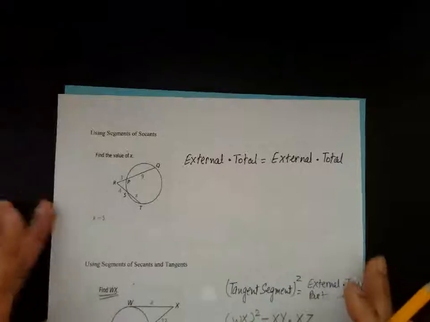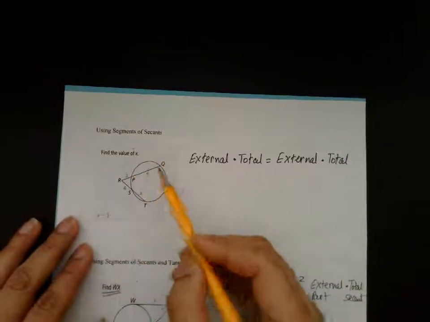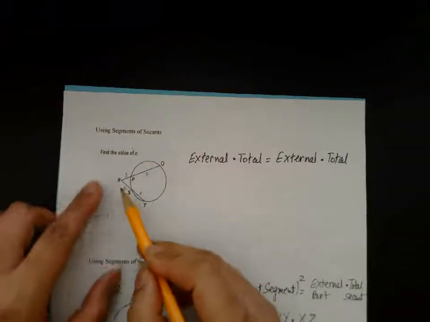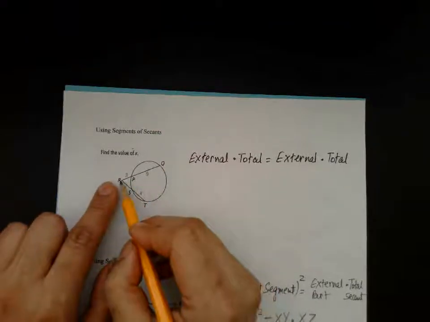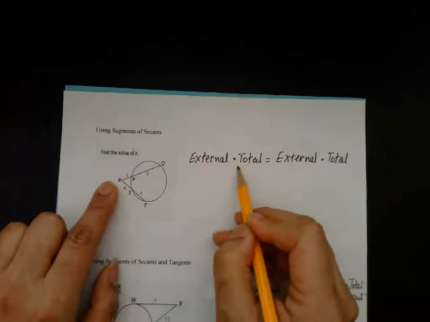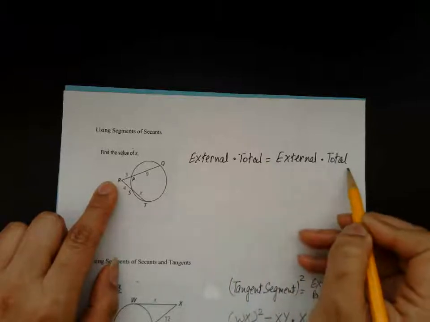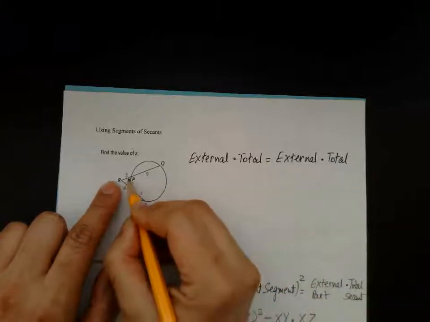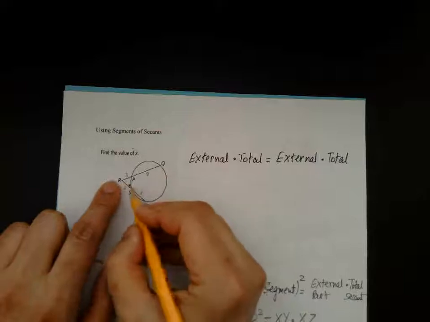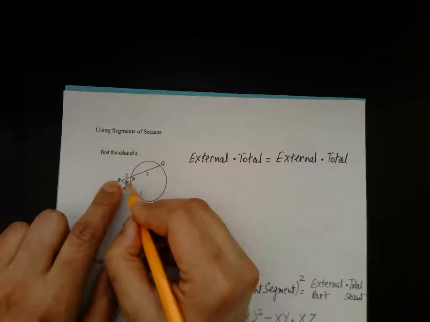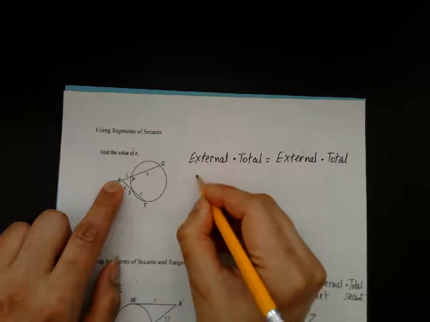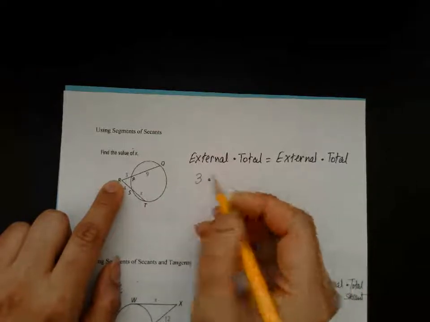In this question, using segments of secants, only secants are given to you, RT and RQ. So external times total, external times total. Let's talk about the top secant first. RP is the external part of the secant, right? So external is 3 times total.